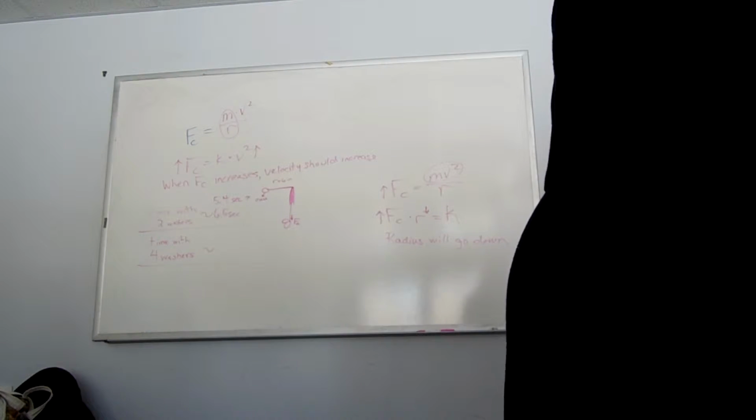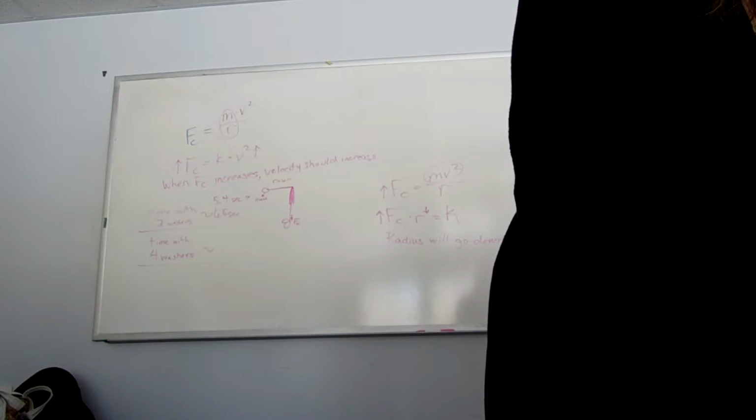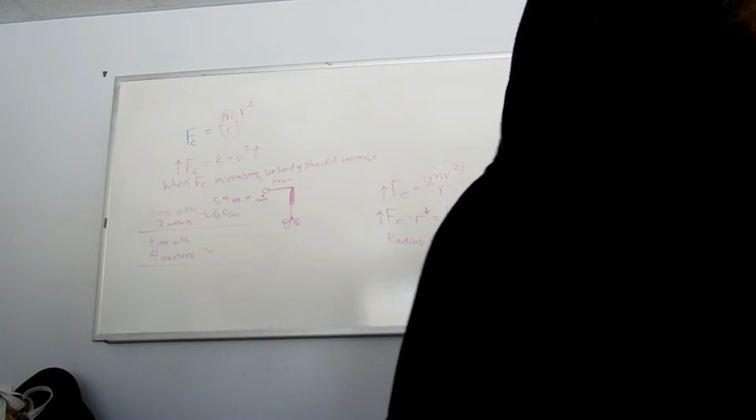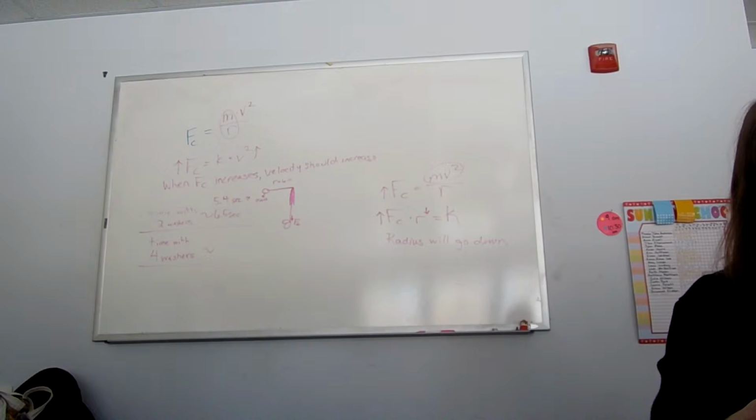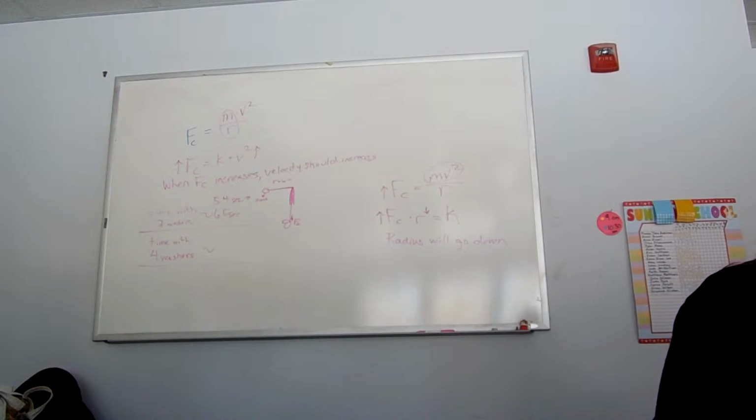Or I might start with 4 washers and a longer length and then go to 2. I don't know. I don't like this. Last year was just chaos. It was really challenging to even figure out what was going on in the room. So you guys are providing me with a good way to observe this experiment and fix it, because it's not perfect. Yeah, you guys are my guinea pig class for this lab, because it was just bedlam last year.